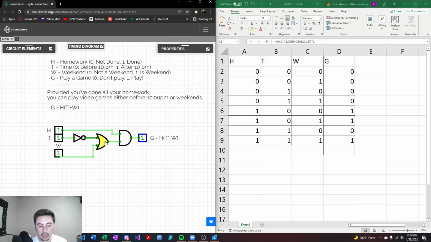Why an OR gate? Because you just need one of these conditions to be true in order to be ANDed with the homework, which is one of the most crucial points. It doesn't matter if it's before 10 p.m. or if it's a weekend. If you haven't completed your homework, you're not going to be able to play games. Hence, if I put 0 there, alter it all around, it won't make a difference.